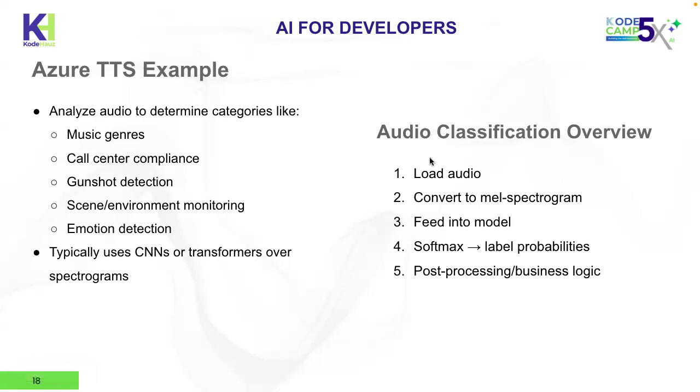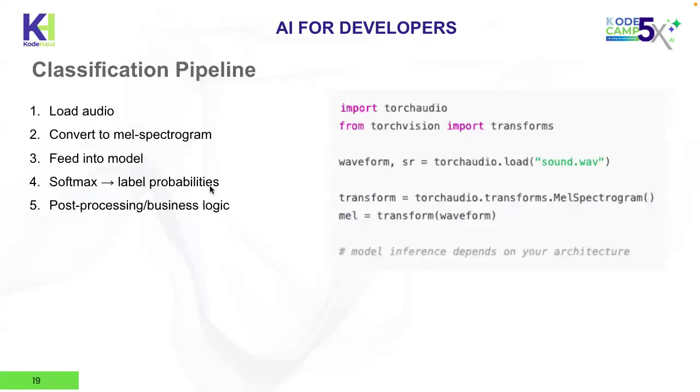Then this is how you would do audio classification with Azure. You load the audio, you convert it to a mel spectrogram, you feed it into the model, right? Then the model gives you an output, on which you can use softmax to get label probabilities. And then you can do post-processing with that.